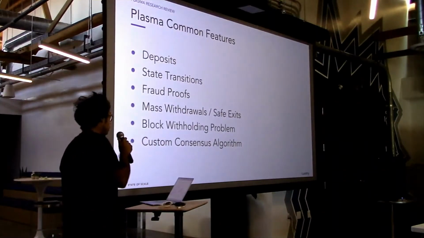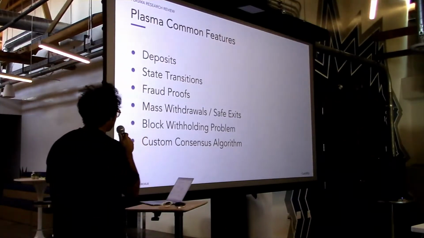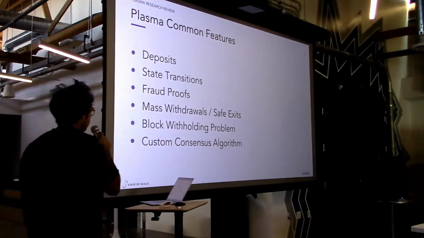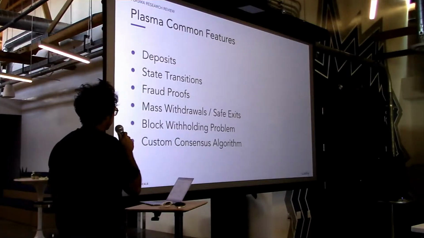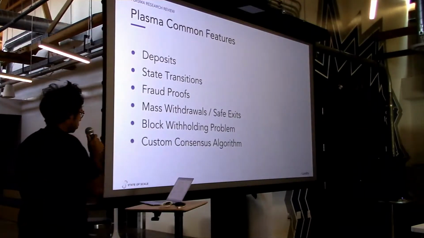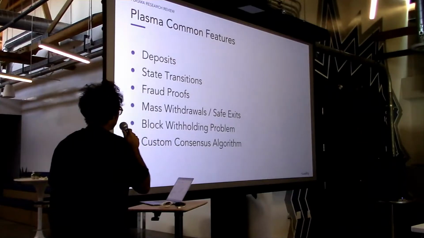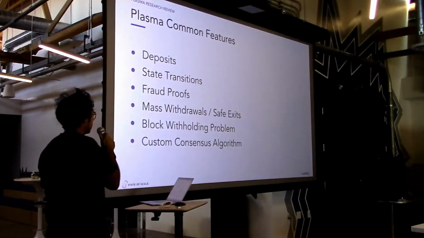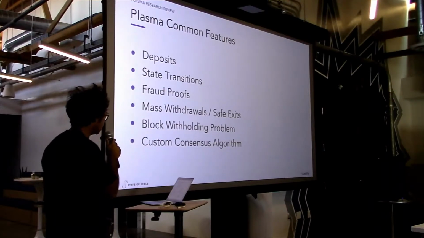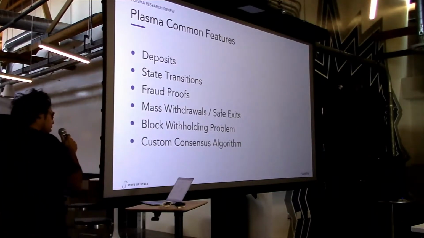Primarily all the sidechain Plasma concepts still have the block withholding problem, and the way they go around that problem is the mass exit. If the operators don't share the blocks, then you can exit the chain. And so that's some of the main concepts around Plasma.